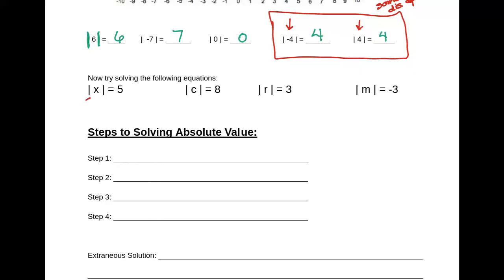So we draw these two little side lines, and we say x is equal to -5, because -5 is 5 units away. And then we're going to say, or x is equal to +5. So when you have this variable inside, you're going to have two cases that are equal to that distance.